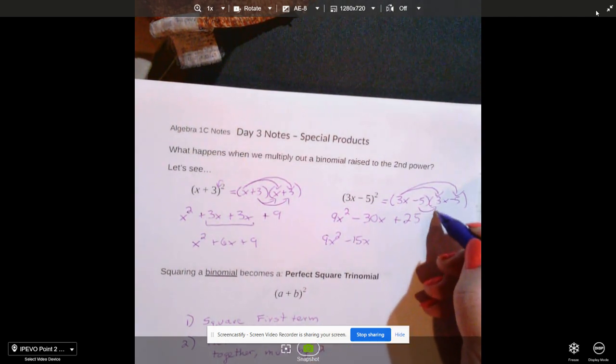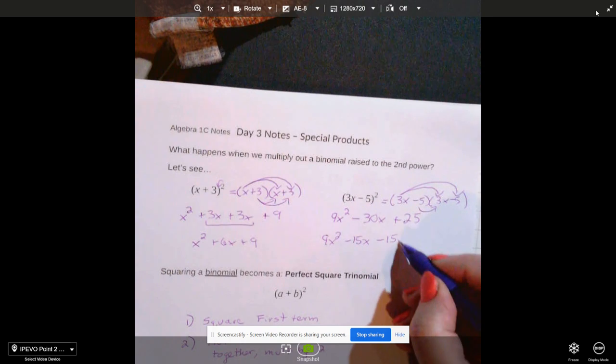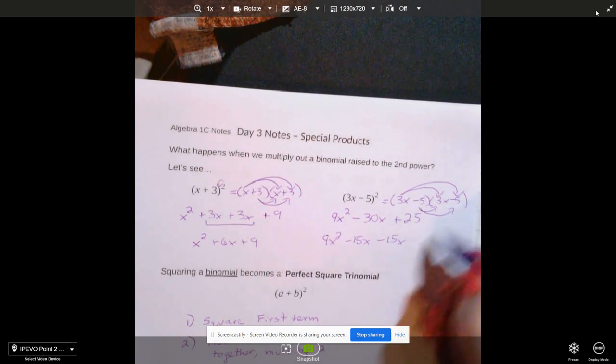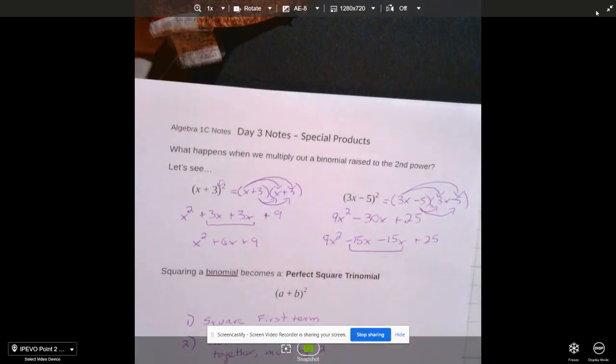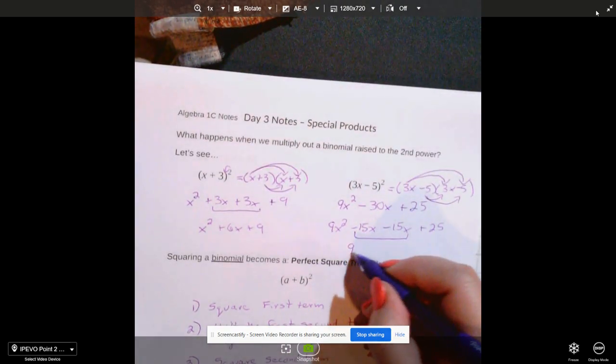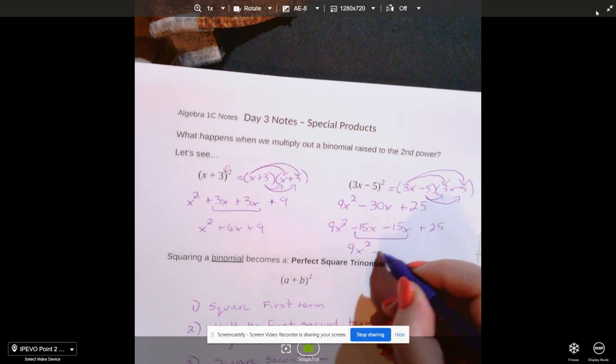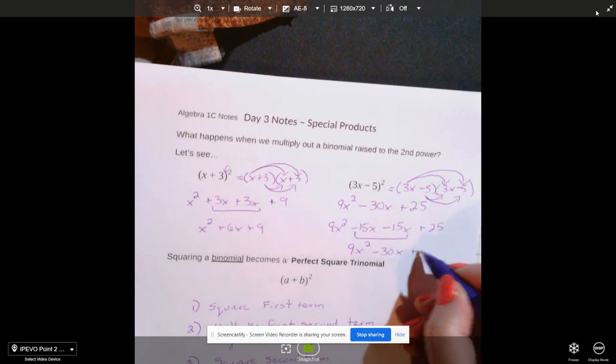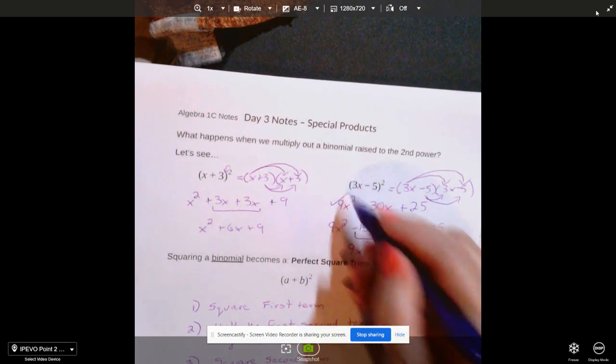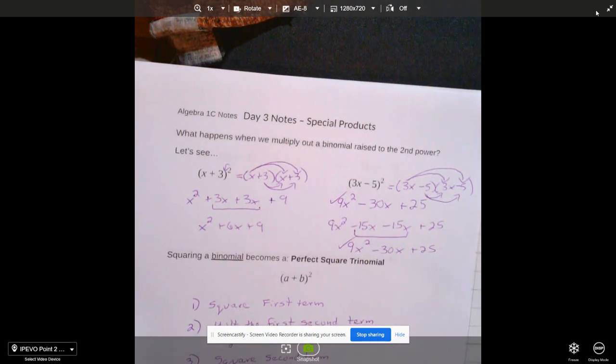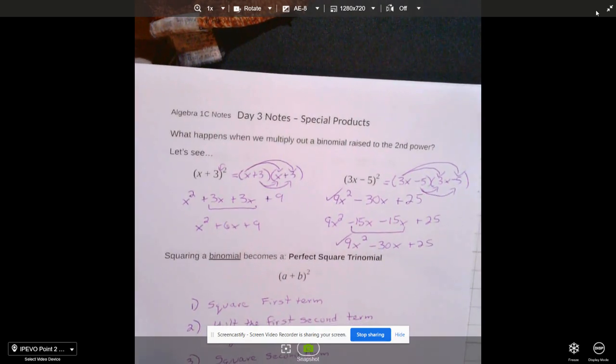I'll multiply those two together, I'll get a negative 15x. And I'll multiply the last two together, and I'll get a plus 25. My middle terms are my like terms. So I'll get 9x squared minus 30x plus 25. So you see, I get the same answer regardless of which way I prefer to do it.